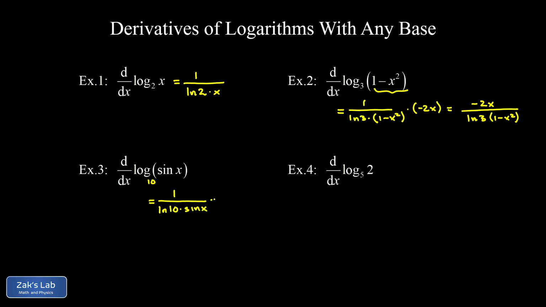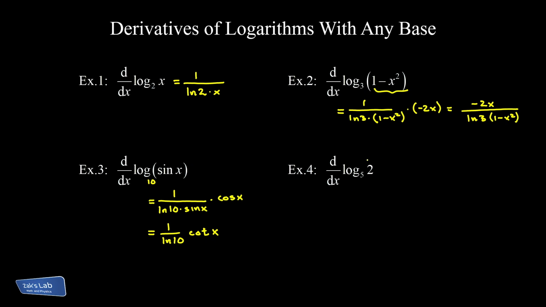And then the chain rule says we have to multiply by the derivative of sine x. Well, that's just a cosine x. And now when we're cleaning up our answer, we realize there's a nice name for cosine divided by sine. That's just the cotangent. So we could write this final answer as 1 over natural log 10 cotangent of x, and we're done with that one.